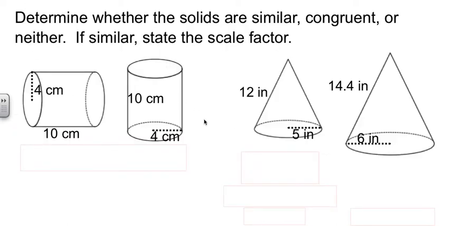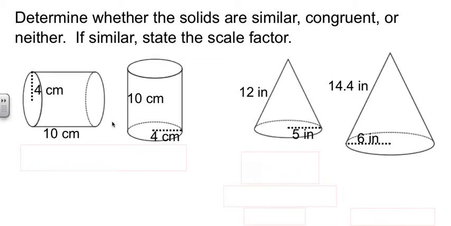So the first thing they're going to do is ask us, are these similar, are they congruent, or are they neither? And we have two cylinders in this case. So that's already a positive thing. They're the same shapes. The height is 10.